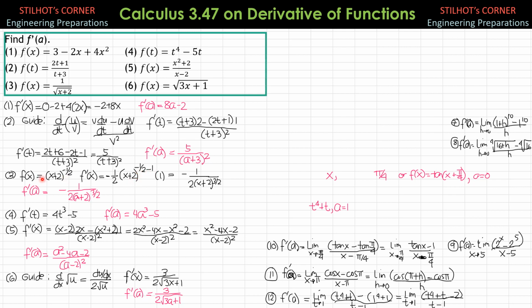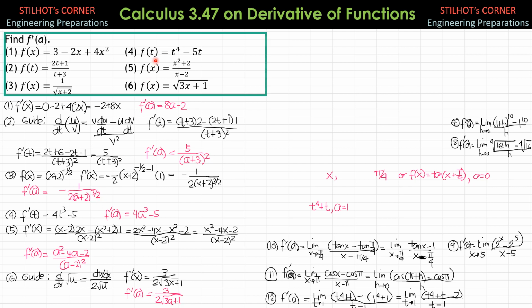Then the derivative of x plus 2 with respect to x is 1. Simplifying, that's negative 1 over 2. Then bring down x plus 2 to the negative 3 halves. It becomes x plus 2 to the positive 3 halves in the denominator, replacing x by a. So f prime of a is negative 1 over 2 quantity a plus 2 raised to 3 halves.